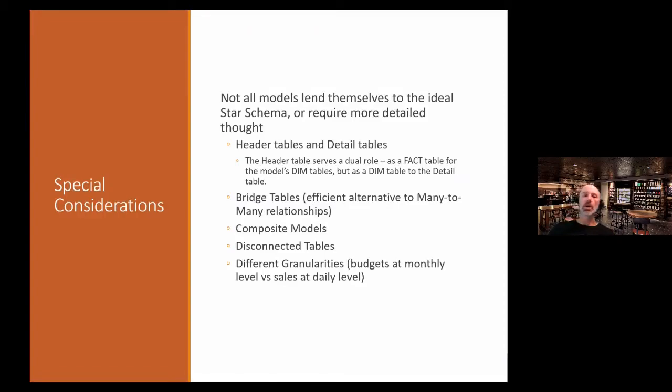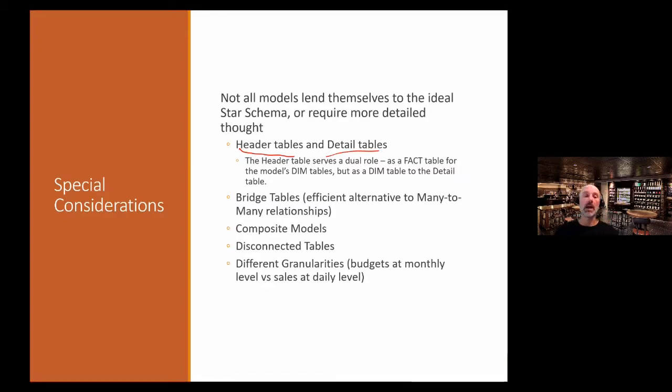Briefly, special considerations. Not everything can be an ideal star schema. If you have what are called header and detail tables, think about a company that has sales, you have invoices, you have an invoice header and an invoice detail. The header might have information like the invoice number, the customer number, the shipping cost, and the shipment date. The detail might also have the invoice number so it can be related to it, but now it has a lot of repeated rows.